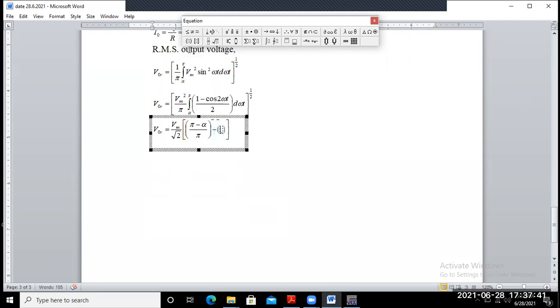So the lower limit is alpha and the upper limit is pi. Okay, so alpha to pi.